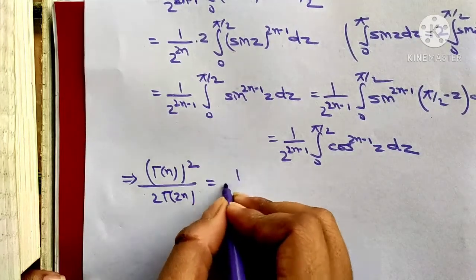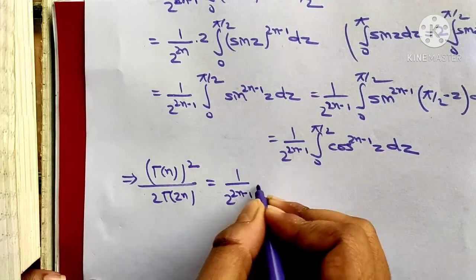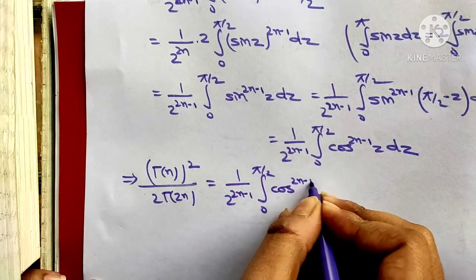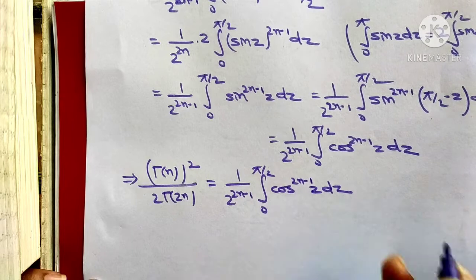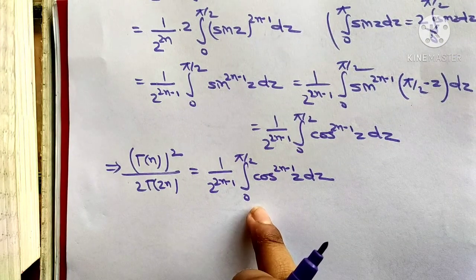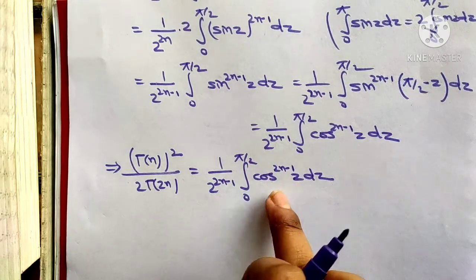1 upon 2^(2n-1) times the integral over 0 to pi by 2 of cos^(2n-1) z dz. We put the value of this integral, the integral over 0 to pi by 2 of cos^(2n-1) z dz.